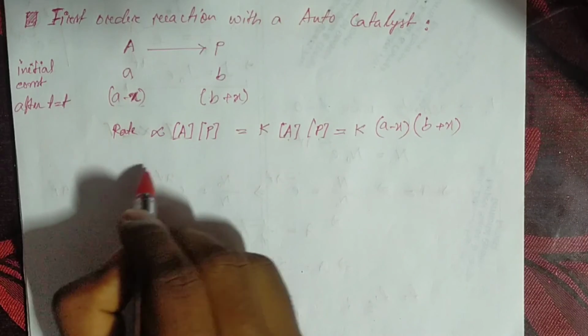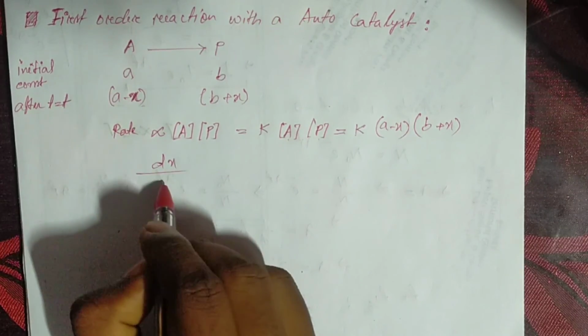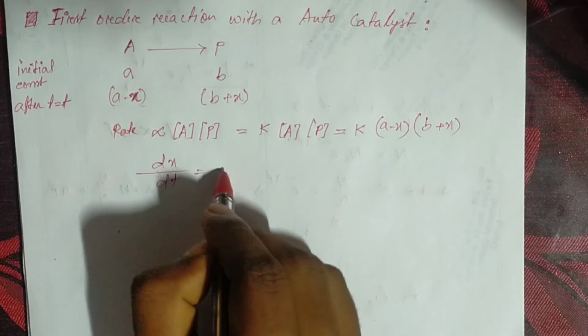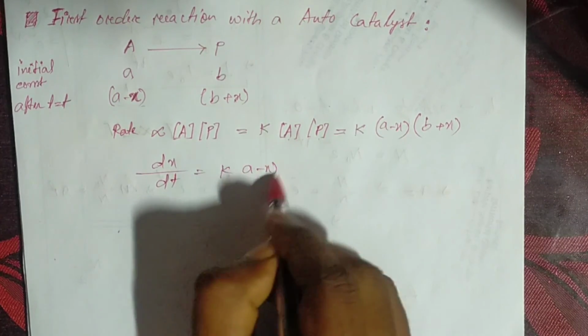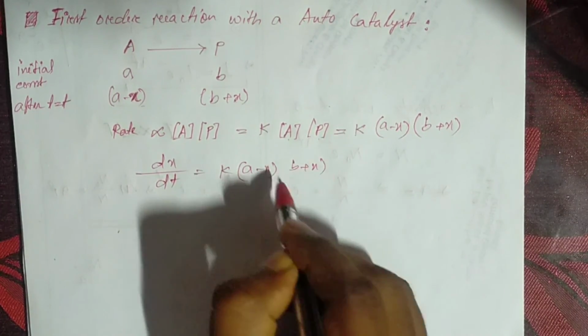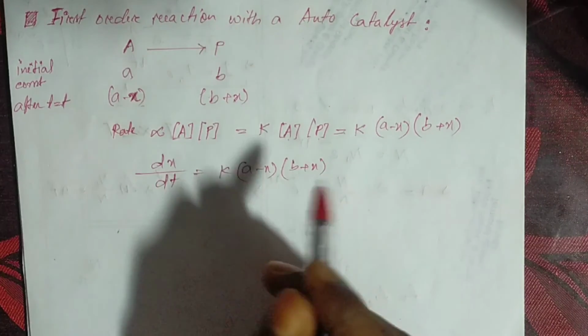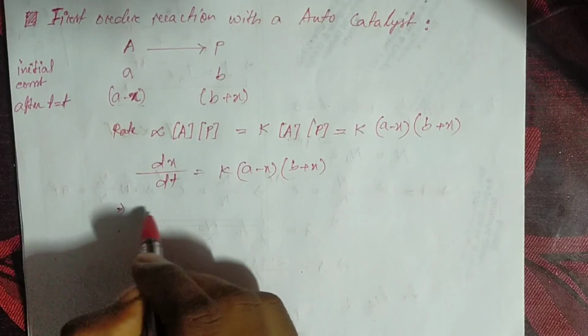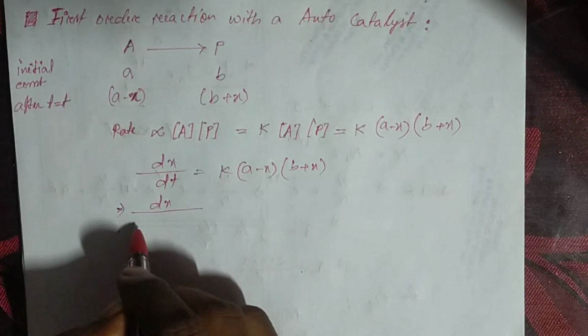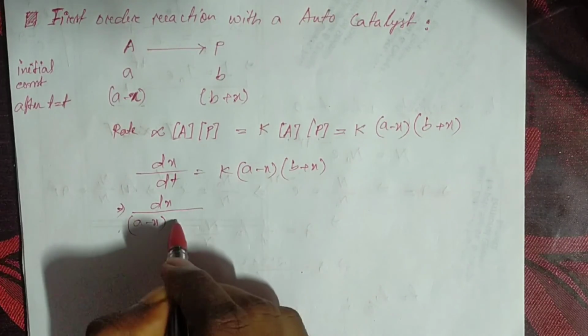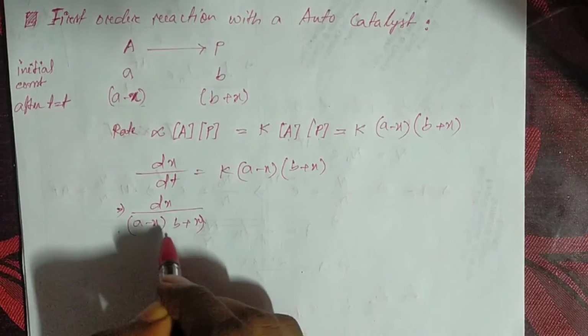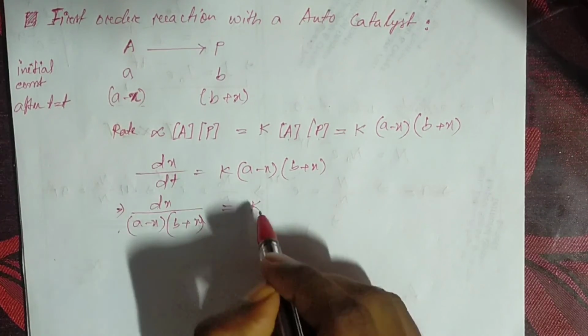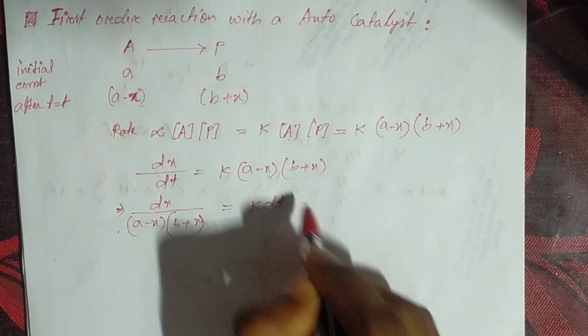That means dx by dt is equal to K A minus x B plus x. So we bring this part here: dx by A minus x B plus x, and here it will remain K dt.